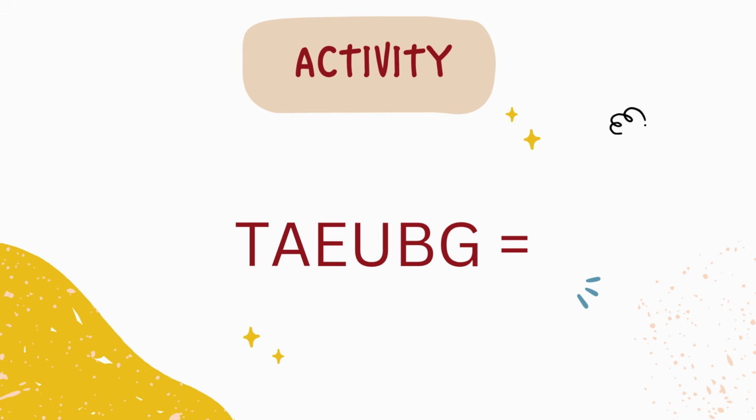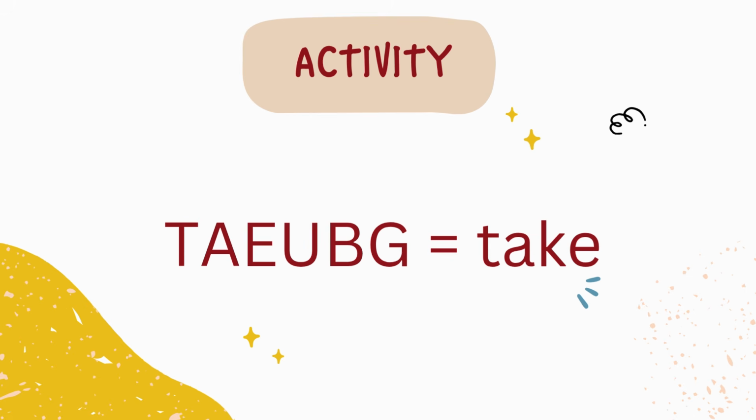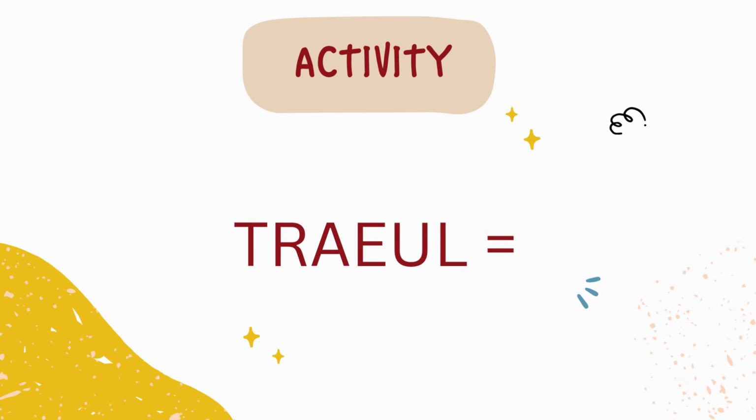How do we read this one? Please comment your answers below. We will reveal the answer in 3, 2, 1, 0. So the answer for this one is take. So you got it right. Next we have this one: initial TR, long A, final L. What's the correct answer?